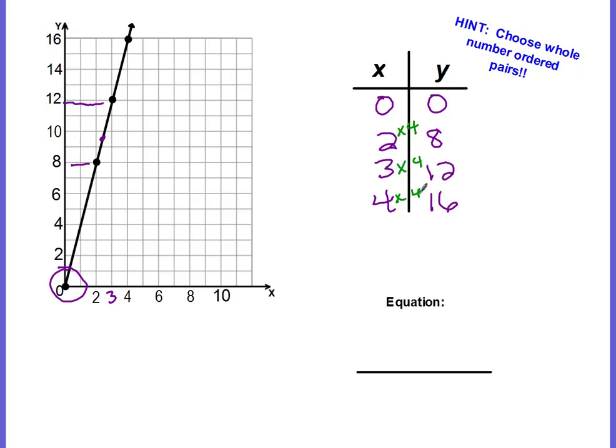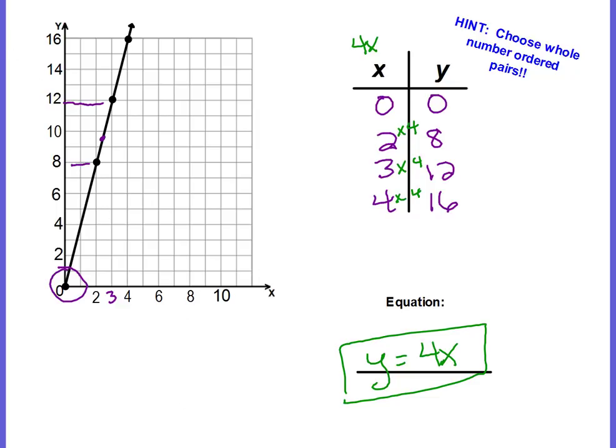When I multiply 4 times 4, it gives me 16. So this is our rule. We're going to multiply x by 4. So writing our equation, we're going to write y equals 4 times x, 4x. And that's all there is to it. Pretty easy, right?